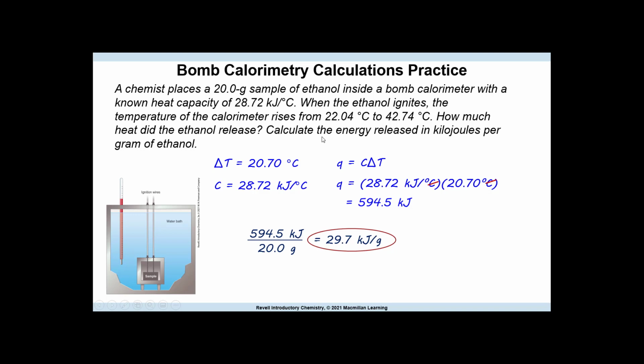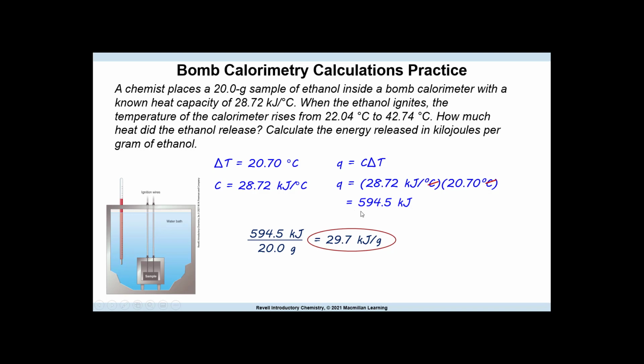Here's the equation that we're going to use. Using this relationship, we determine the heat released for this reaction. Here is our heat capacity, which is what's given to us. That's C. And then we have our temperature change. The degrees cancel out, leaving us kilojoules, which is exactly what we want.